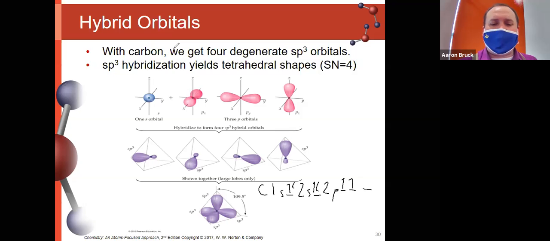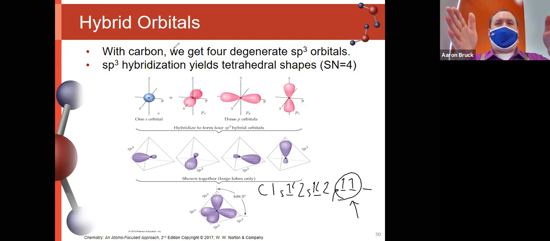Based on the atomic configuration, I only have 2 unpaired electrons. I could only make 2 bonds. But the problem is only one of those bonds could actually be a sigma bond. Because recall, only one of the p orbitals is actually capable of doing the direct overlap. The other 2 can only exist in parallel.